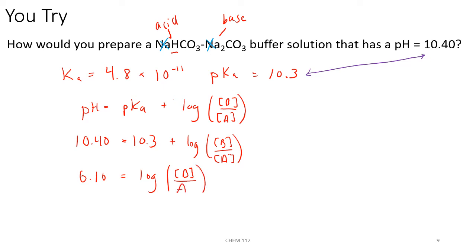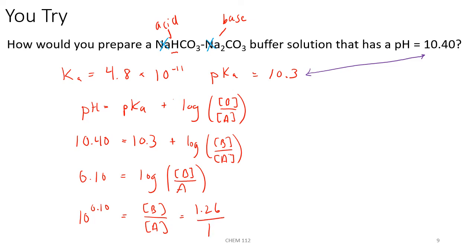Then we're going to have to take 10 to both sides to undo our log. We'll end up with 10 raised to the 0.10 power equals our ratio of base to acid. That will give us a number, 1.26, and we can imagine that over 1.